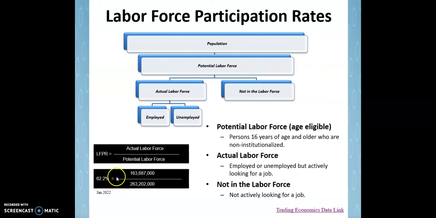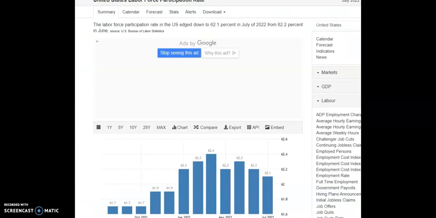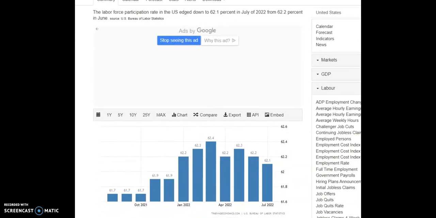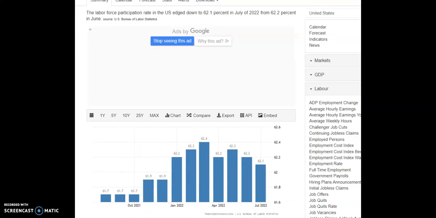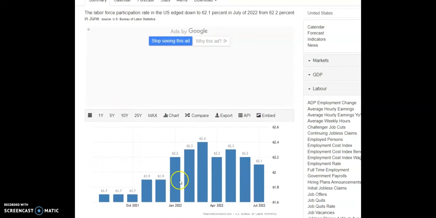Now, if you want to look at data across time, you can pull up this link here, and let me see if I can do that. So this is from a site called Trading Economics, and they compile economic data, and you're able to create these various charts that show how it changes across time.